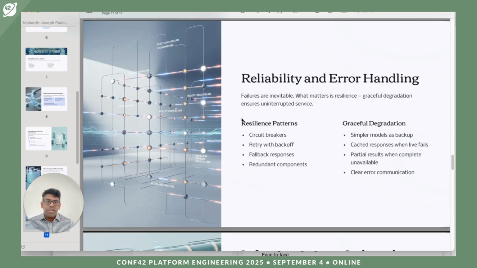So graceful degradation may be simpler models as backup, cached responses when live fails, partial results when complete is unavailable, clear error communication. So we need to adopt a technique which is suitable for that particular instance and make sure that it's not a complete failure while we work to rectify that problem that is happening in production.